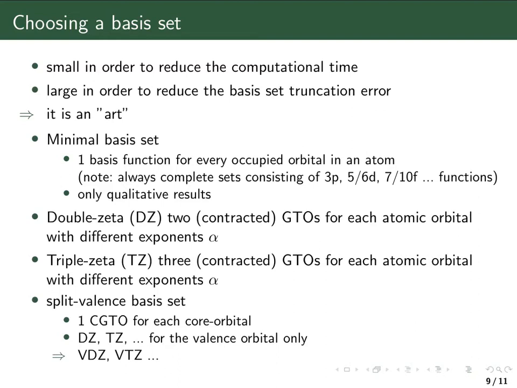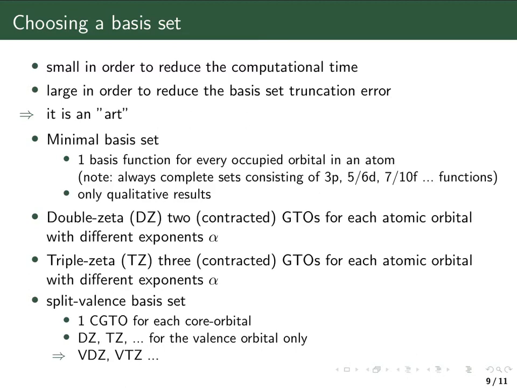And again, for the 2s, one would have two with two different exponents, and so forth. Even better would be to use a triple zeta basis set, where one would use three Gaussian functions with different exponents for each occupied atomic orbital in an atom. And one can continue that with quadruple zeta, pentuple zeta, and so forth.